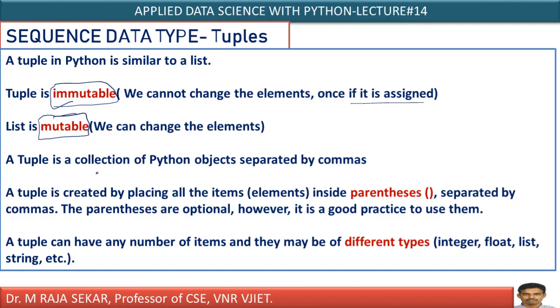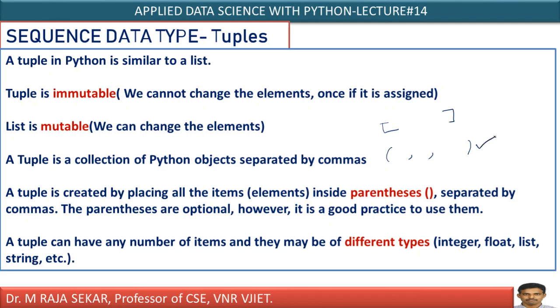A tuple is a collection of Python objects separated by commas. How can I create a tuple? It is simple. Just inside parentheses, you must separate elements of the tuple by commas. Whereas in the case of list, we have to keep all the elements inside square brackets.